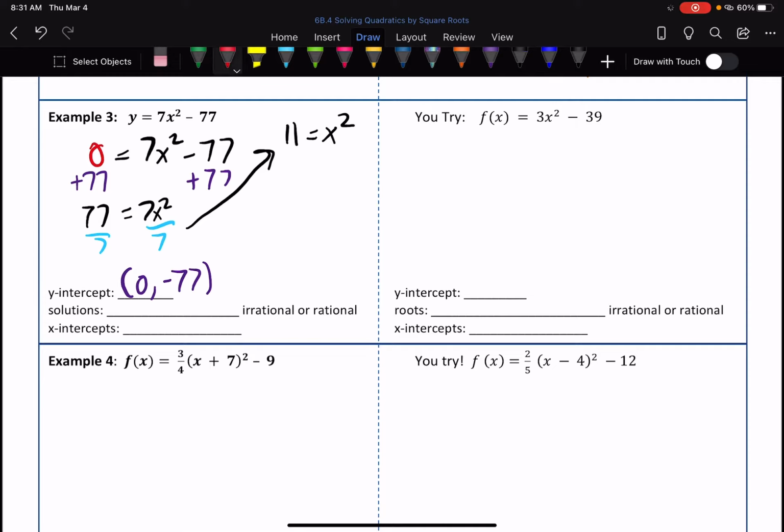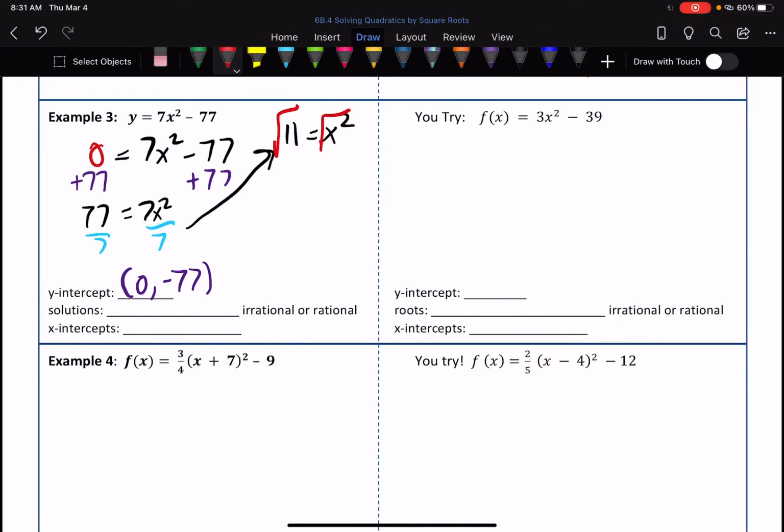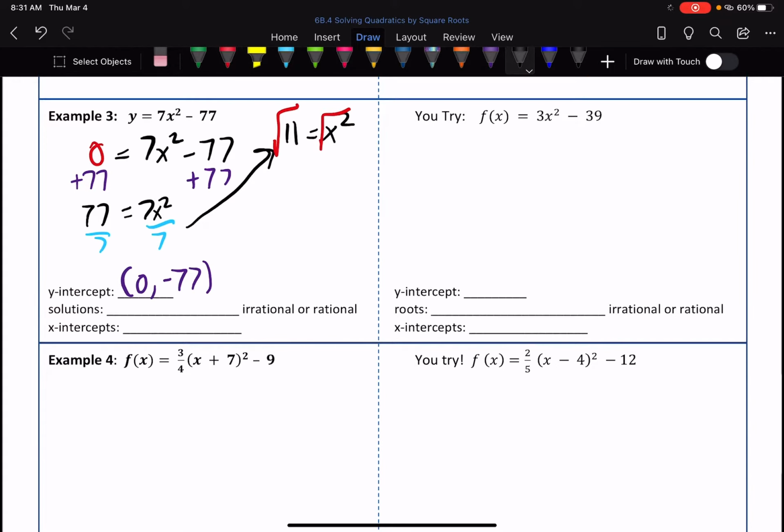Now I'm going on to the third step of taking the square root of both sides. Well, I know that the square root of 11 is not rational. It doesn't simplify. 11 is a prime number. So I'm going to leave that as just plus or minus the square root of 11.